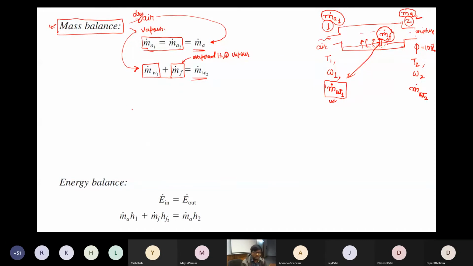Okay, now we can go one step ahead, and we can write m dot w in terms of omegas. Can we write that? Can somebody tell me what was my omega? Omega is equal to mass of vapor divided by mass of dry air, right?